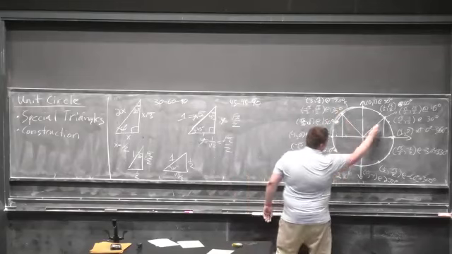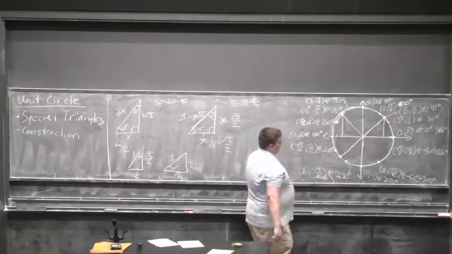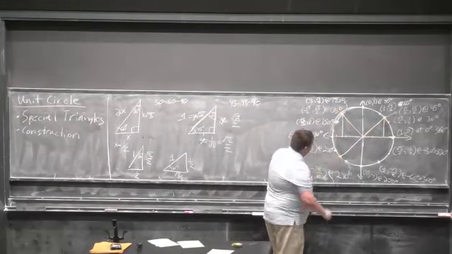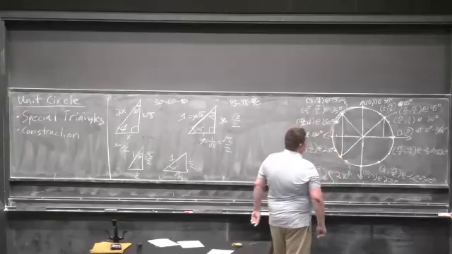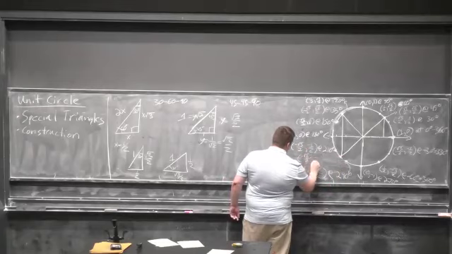Here, we're going to take this down, and that's as if we took this triangle and flipped it down like this, and we get negative square root 2 over 2, negative square root 2 over 2 as our point.